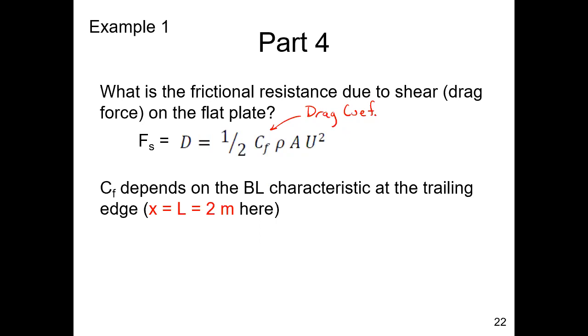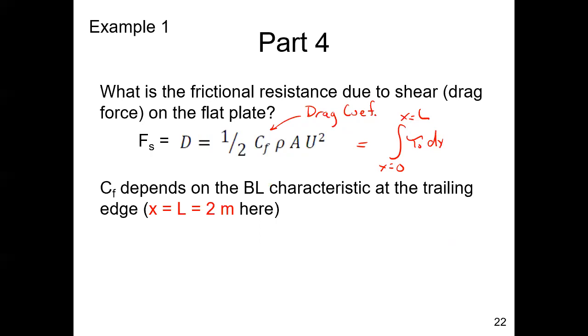Because we're talking about this drag force, to get the drag force, we integrated the shear stress over the entire surface area.